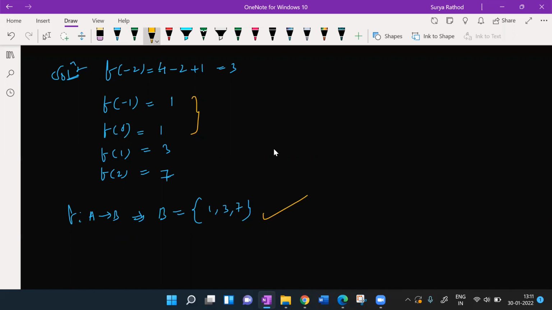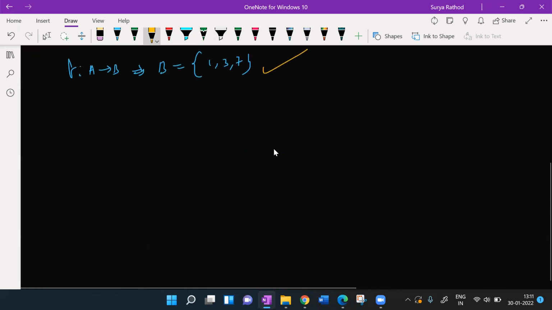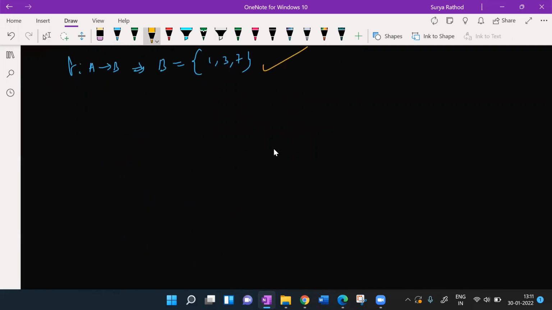Next, find the inverse of the function f of x is equal to ax plus b divided by cx minus a, which is a bijection.